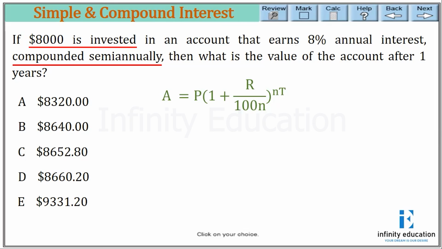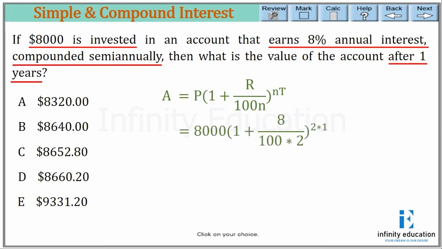So 8,000 is invested, that is the principal, earns 8% annual interest, that is the rate of interest, 1 year, that is the time frame T. So we know everything. So we can rewrite this equation as 8,000 into (1 + 8/(100 × 2)) to the power 2 × 1. Now P is 8,000, 8 is the rate of interest, N is 2 because it is compounded semi-annually, and T is 1.